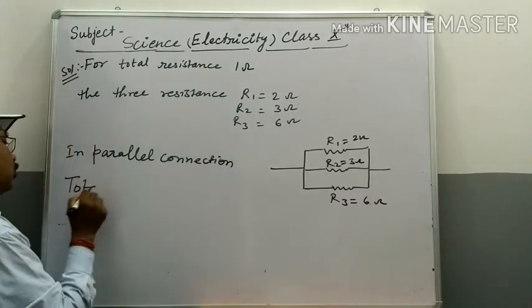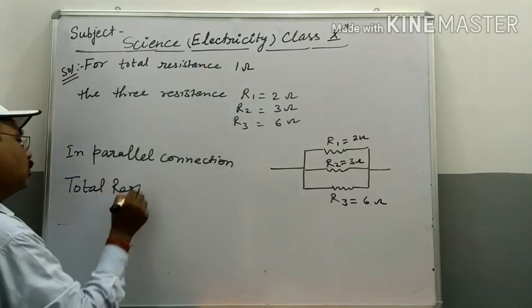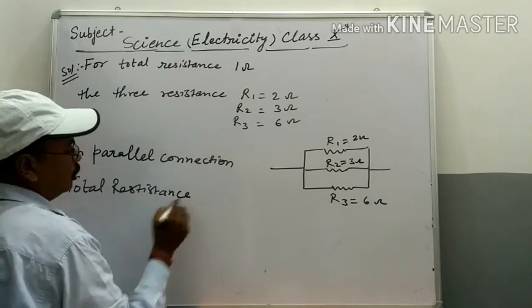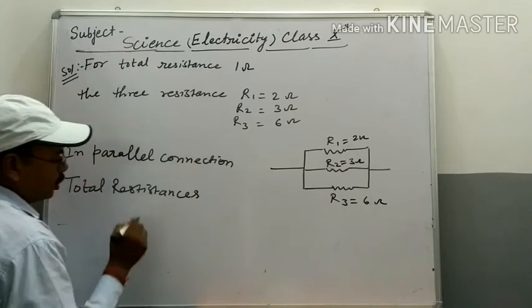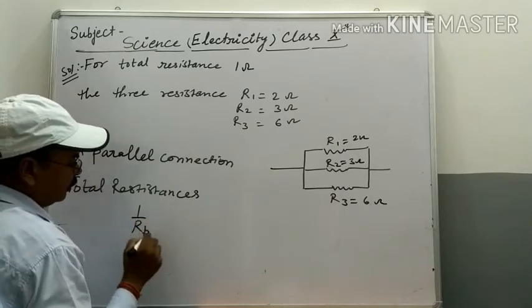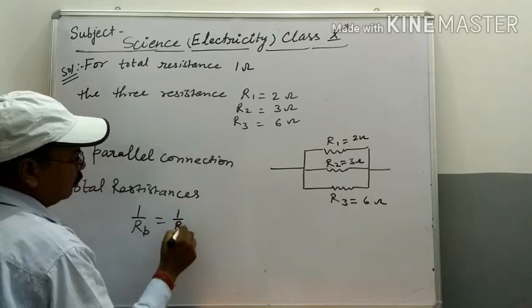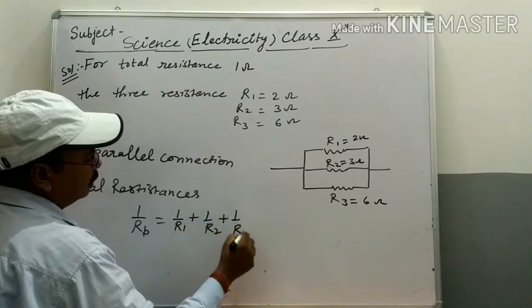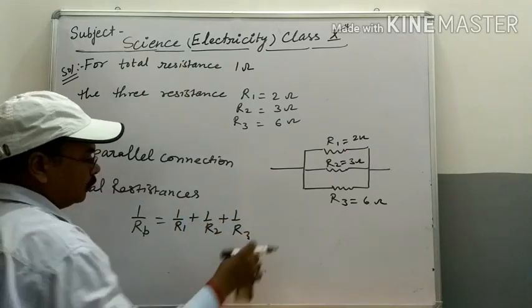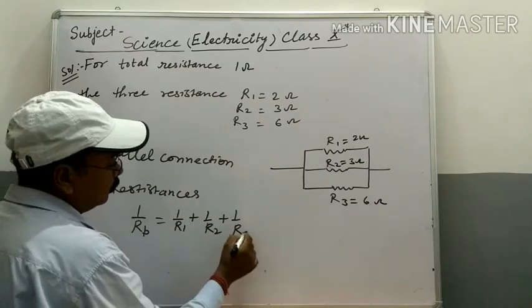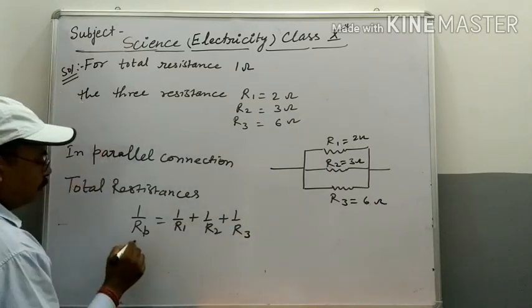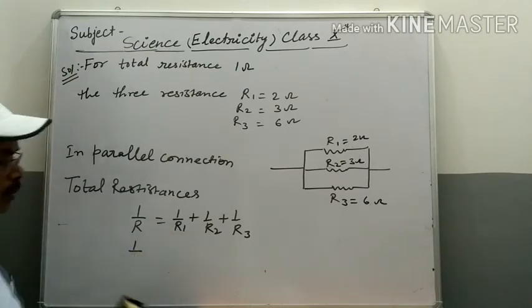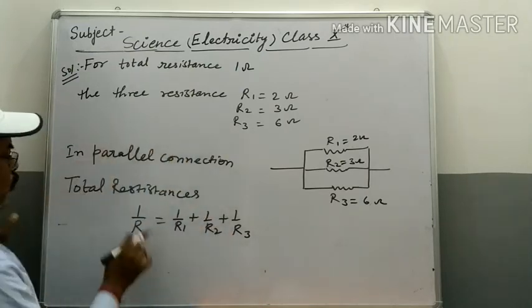Total resistance: 1 upon Rp equals 1 upon R1 plus 1 upon R2 plus 1 upon R3. Put these values.